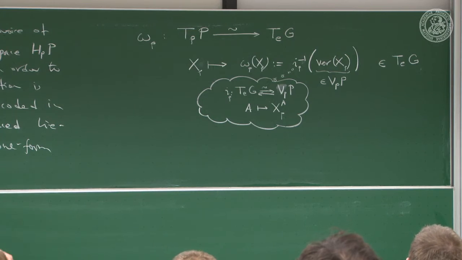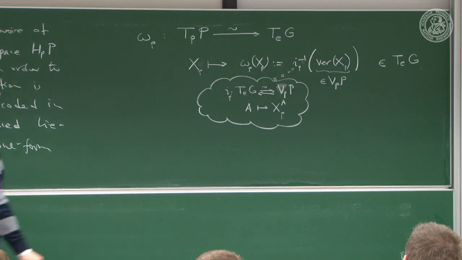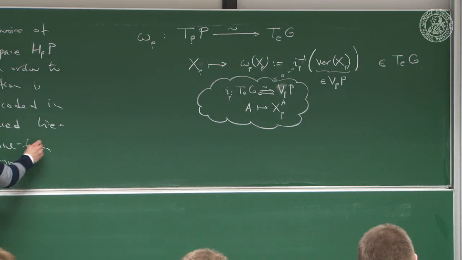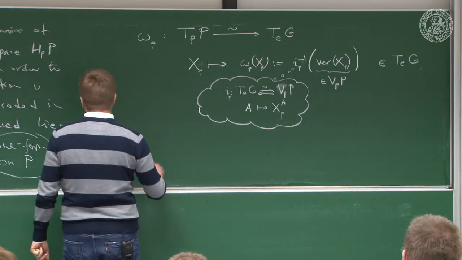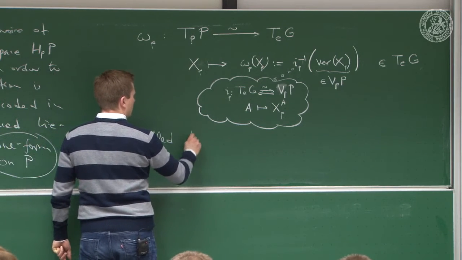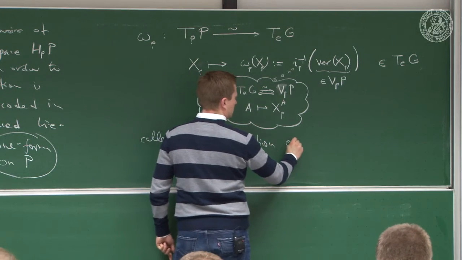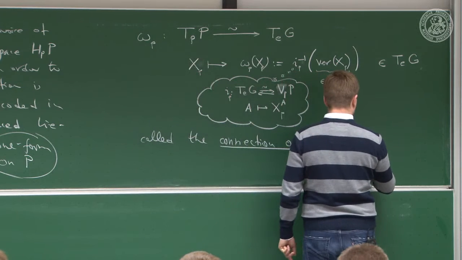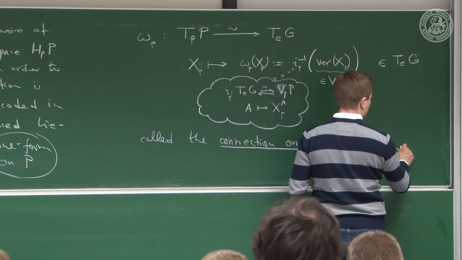That's right. Okay, so we take this thing, and note, it's a one form on P. It's not a one form on the base manifold. No, no, no. It's a one form on the entire principal bundle, and this is called the connection one form with respect to the connection.